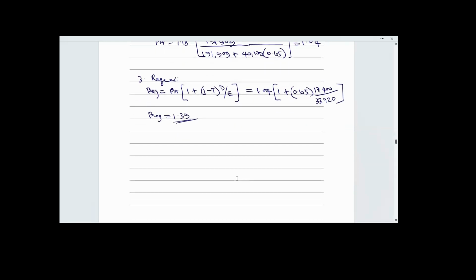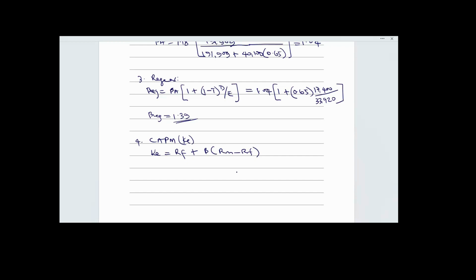Now that I have the geared beta, I can then go to step 4 to calculate my cost of equity using the capital asset pricing model. KE is calculated as risk-free rate of return plus beta equity of a geared company multiplied by market return minus risk-free rate.